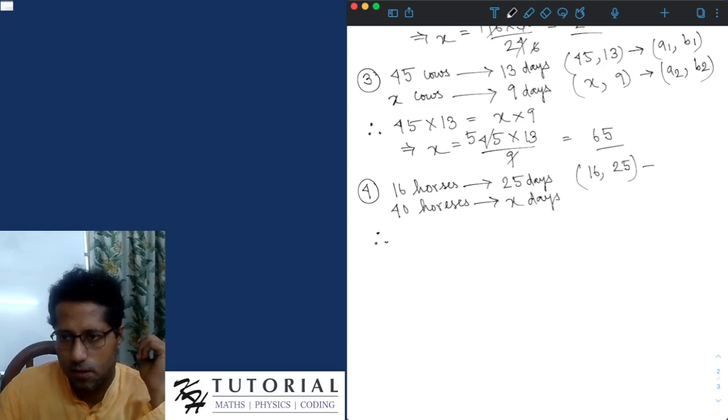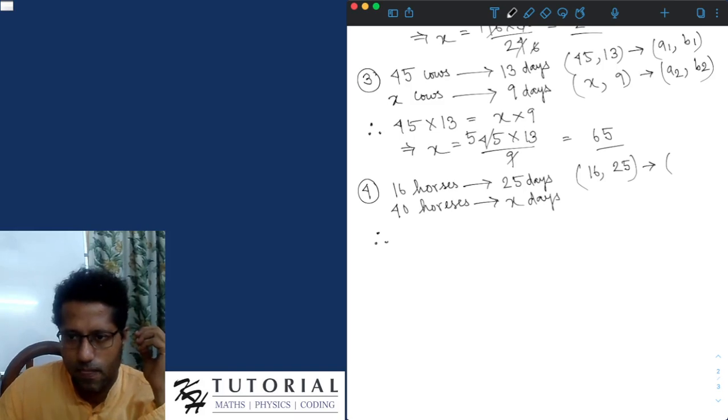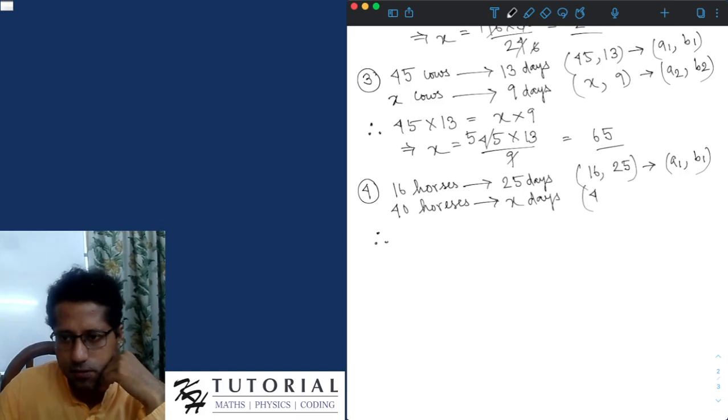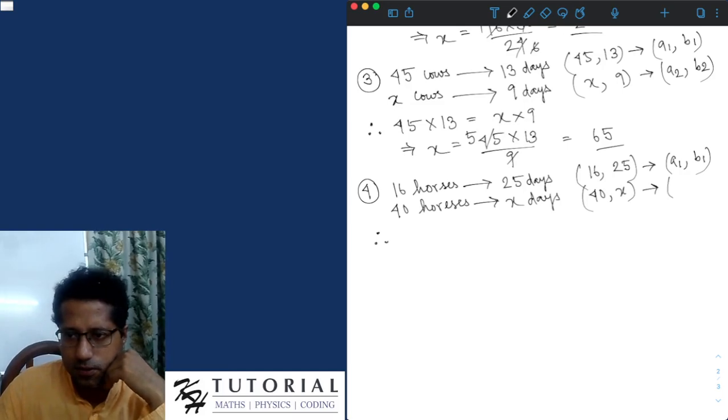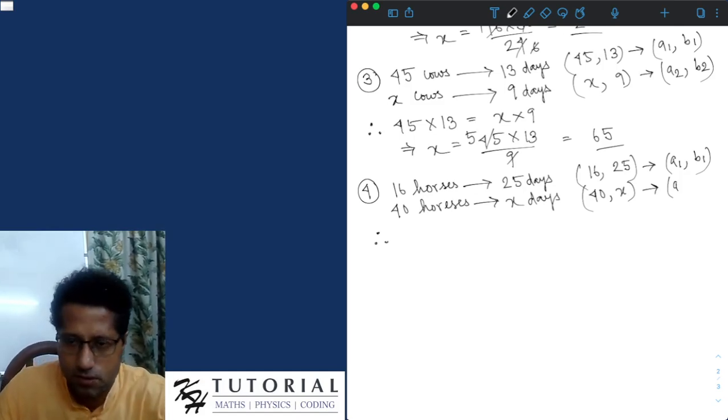So 16 is the value of the quantity A and 25 is the value of the quantity B, and in this case it is 40 and x. This thing I am writing just for your understanding. This is definitely not a part of the solution or steps of solving the problem.